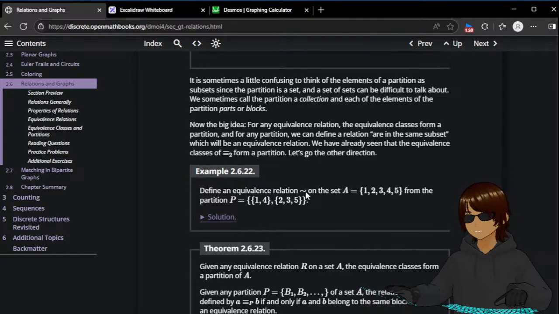Define an equivalence relation on a set A from the partition 1, 4, 2, 3, 5. Define an equivalence relation. Hold on, let me think about this.